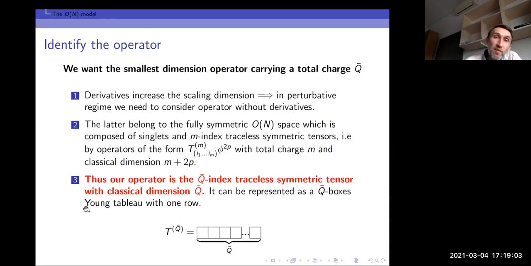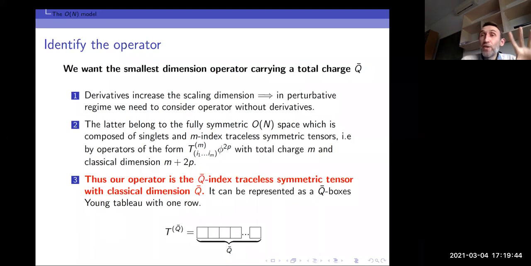So the results I found so far in this ON model correspond to the operators given by this Young tableau with one row, basically fully symmetric tensors. You can write them in terms of fields, but I think it's well known to you how to write a traceless symmetric tensor in the ON model. The charge Q, or N as I was calling it before, corresponds to how many boxes you have in this row. So these are the operators underlying the conformal dimensions I computed in the previous discussion.